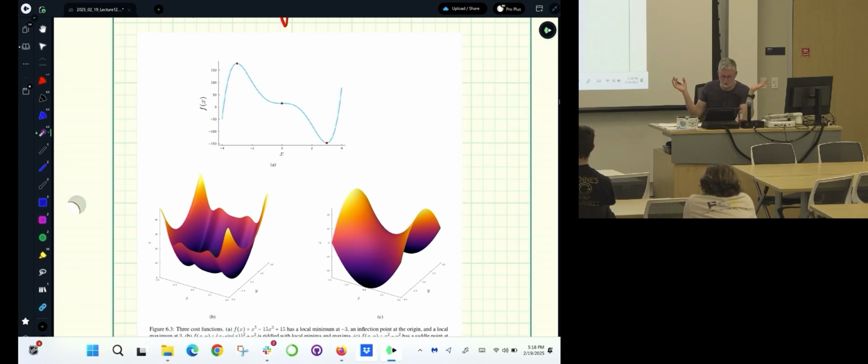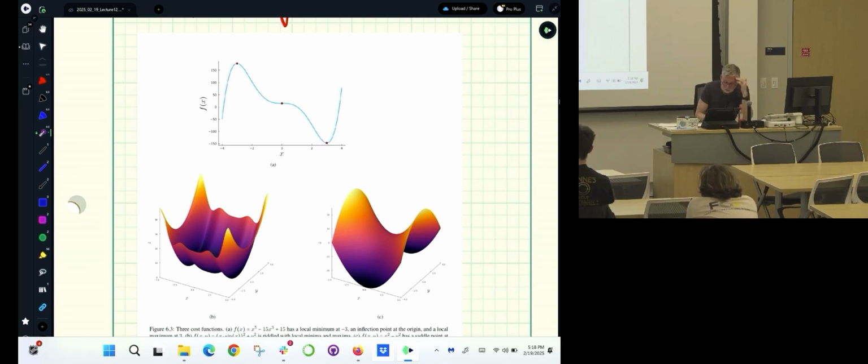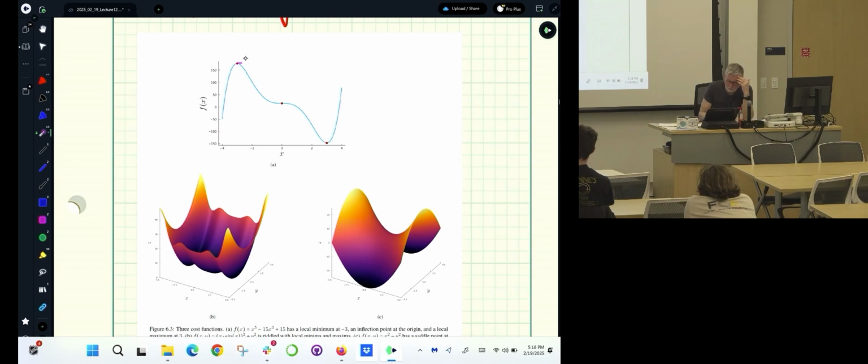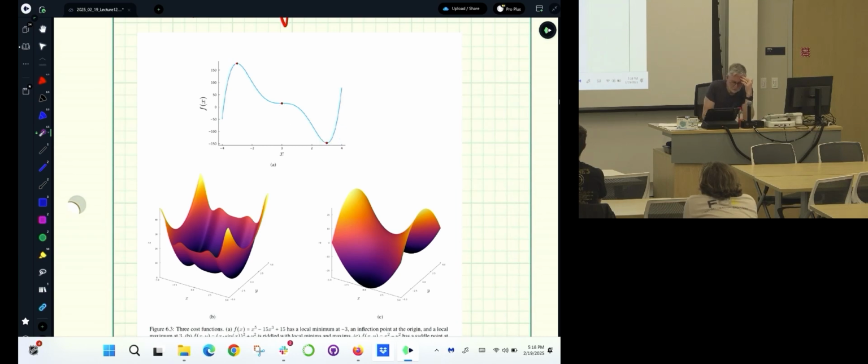In our picture, it's actually global, but if this extends down, then it's not global. This would be a local maximum, but if this extends way up, it's not global. So these points are characterized by the slope here being 0, so the derivative of the function is 0.